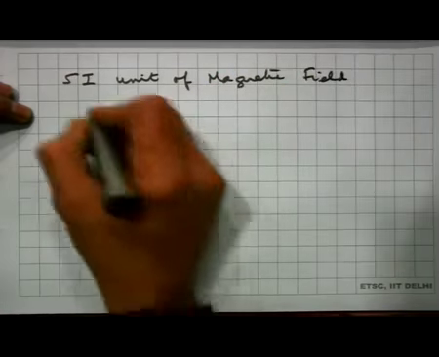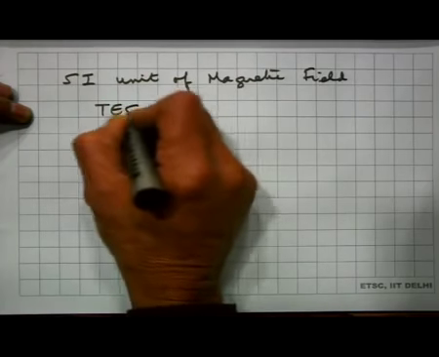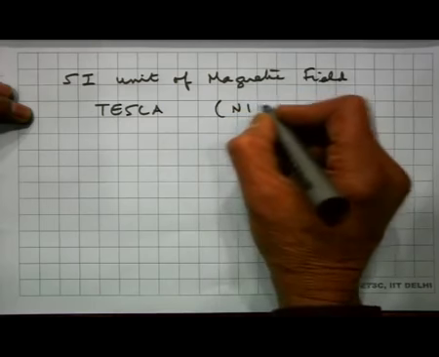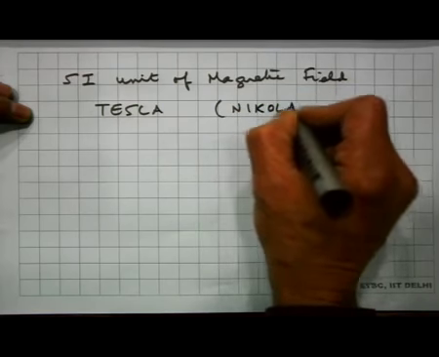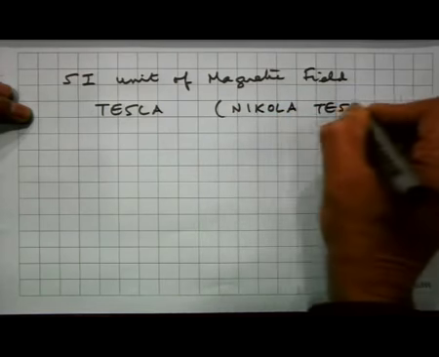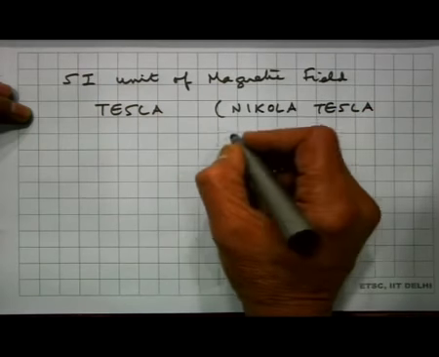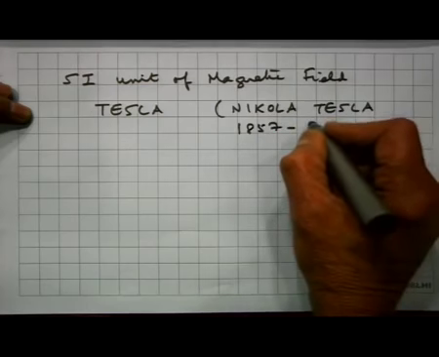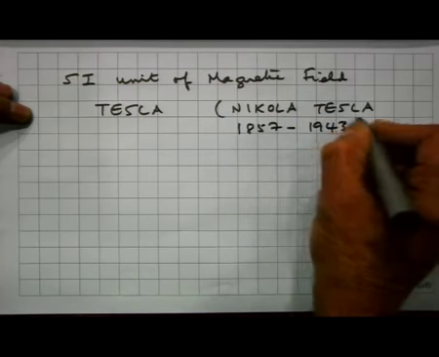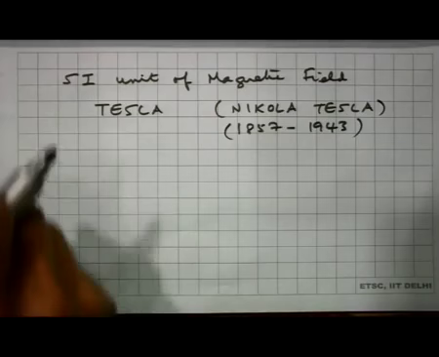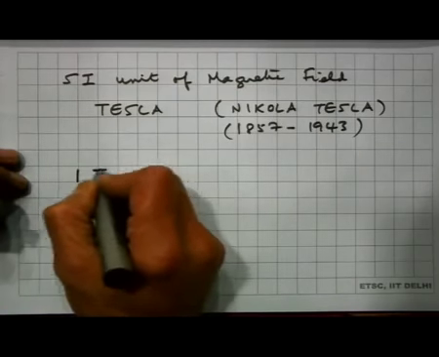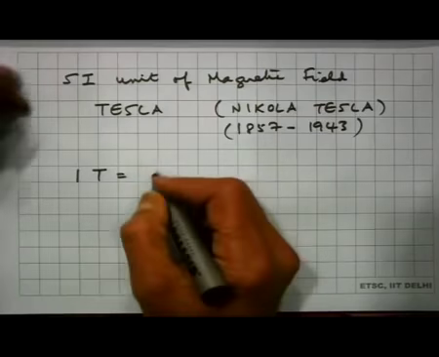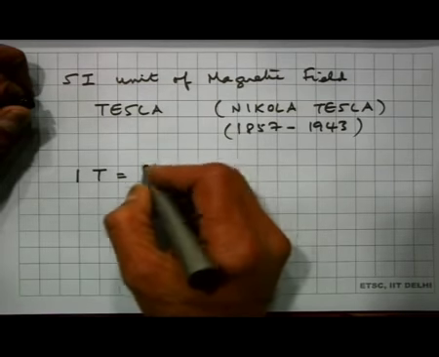as I mentioned before, it is Tesla. This is after the scientist Nikola Tesla, 1857 to 1943. So 1 Tesla is, so I have to define the magnetic field in terms of force.